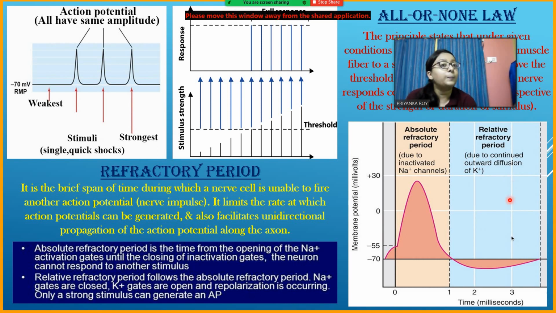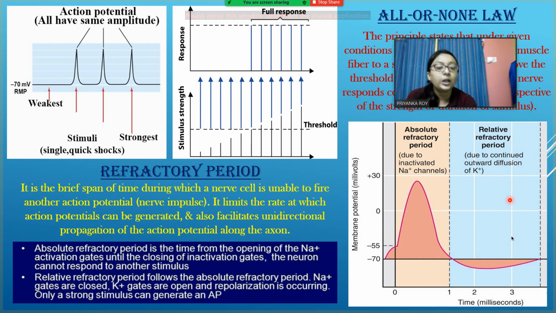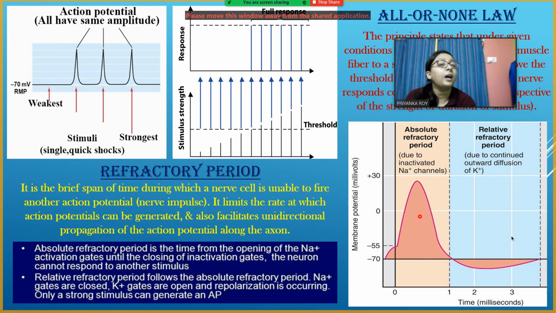The membrane is not completely ready, but it might generate an action potential peak due to a very, very strong stimulus, otherwise not. In case of the absolute refractory period, it will not at all generate a second action potential peak. No matter how much strength or how much duration of the stimulus, it will not generate another action potential.